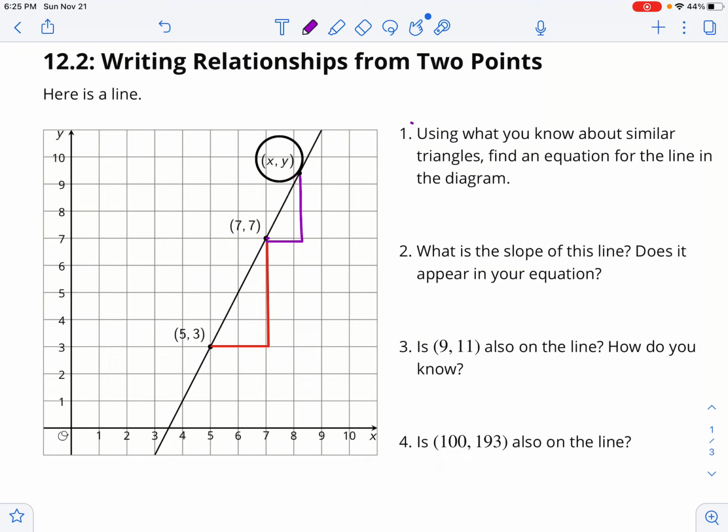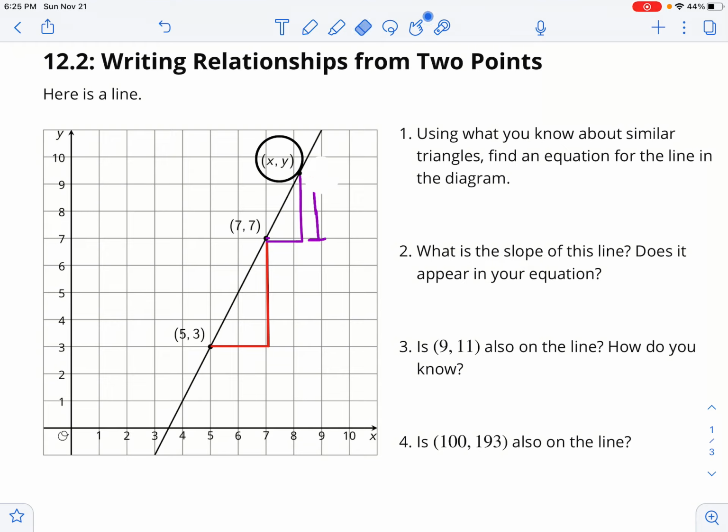Pause this video and answer question 1. I know that the vertical distance of my purple slope triangle, from here to here at the bottom, is going to be whatever my y coordinate is minus 7.